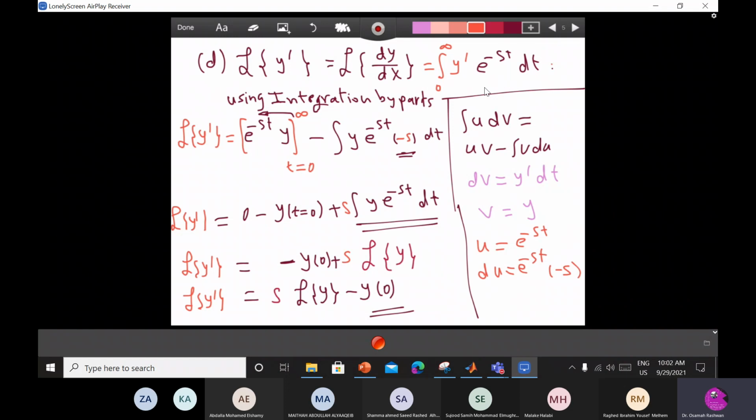Let's go for the Laplace transform for the second derivative, d squared y by dt squared, or you can write it as the Laplace transform for y double dash if you like.